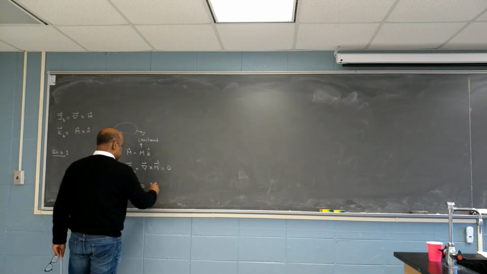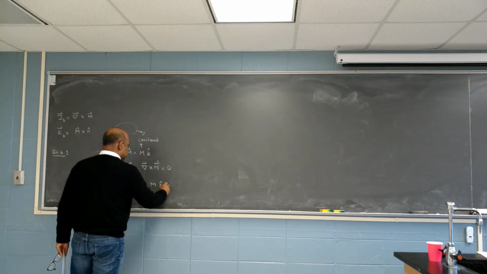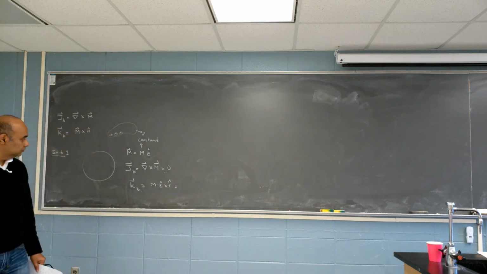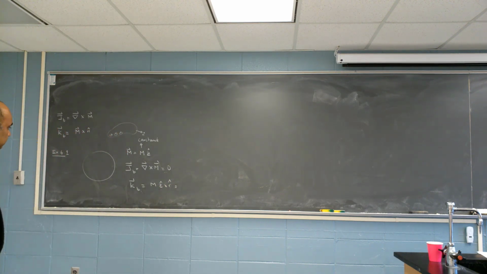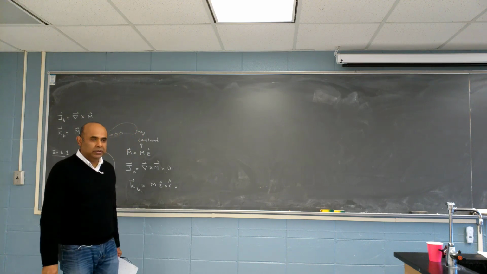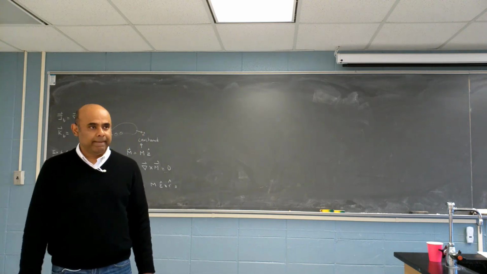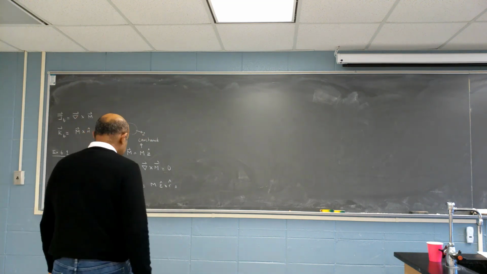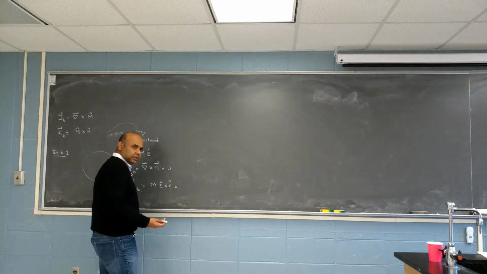On the other hand, K_b is M z-hat cross r-hat. Z cross r, what's the direction? Correct. The angle between z and r is theta.